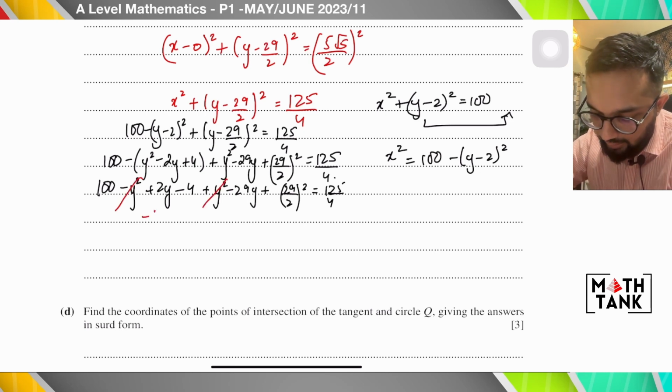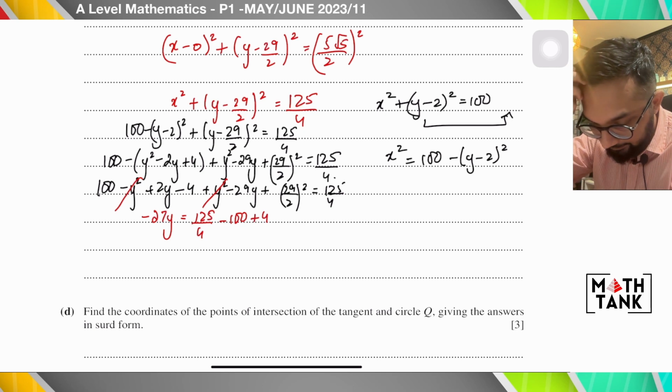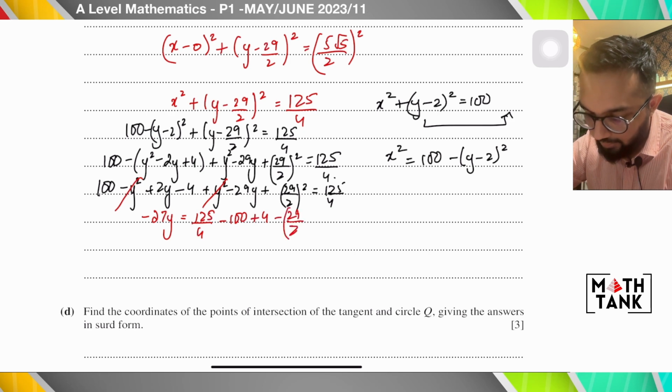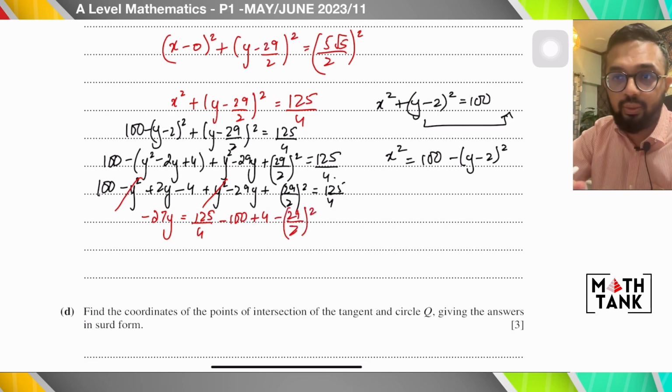I can see minus 27y. Let's gather the other terms on the other side: minus 100 plus 4 minus 29 over 2 whole square. I'll put that on a calculator.